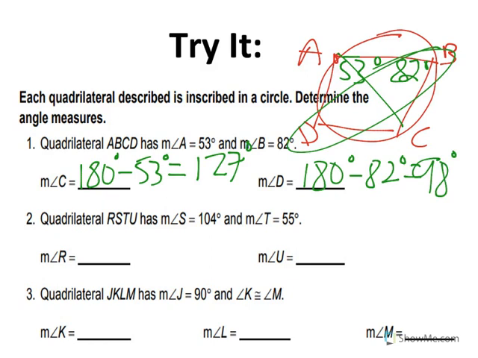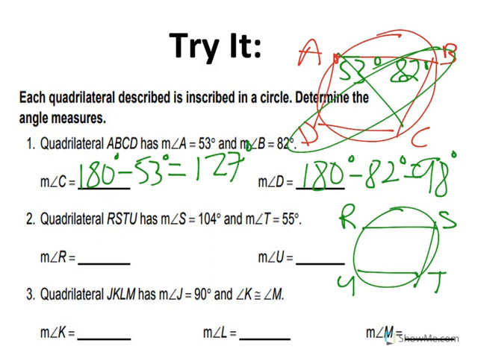Right, so similarly, we can do the same thing for number 2. So we draw our R, S, T, and U. We're given that S is 104 and T is 55.